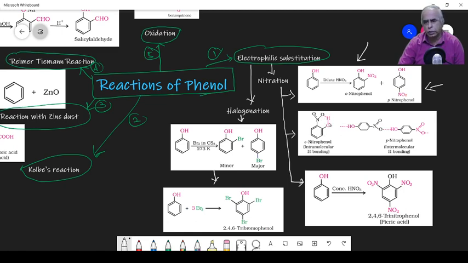Here in OH you have the H, and the nearby oxygen atom, so there is an interaction within the same molecule, and that is why it's called intramolecular hydrogen bonding. Whereas in the case of paranitrophenol, the H from one molecule interacts with the electronegative oxygen atom of the other molecule.